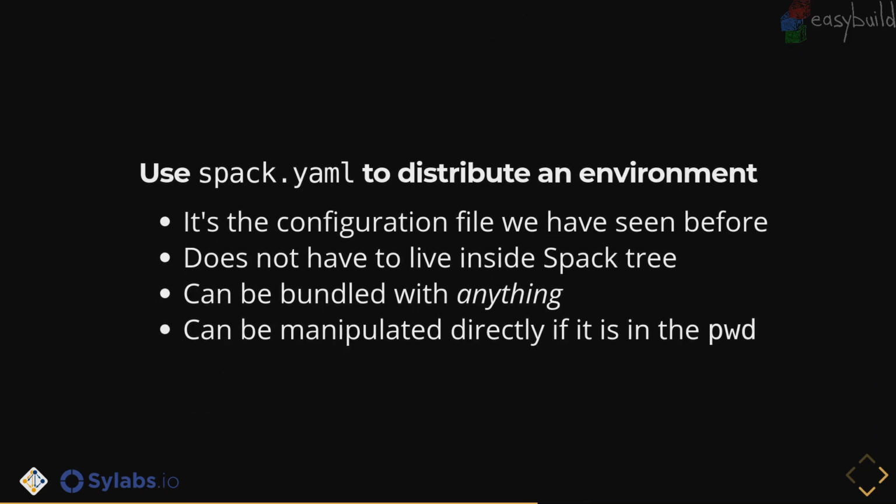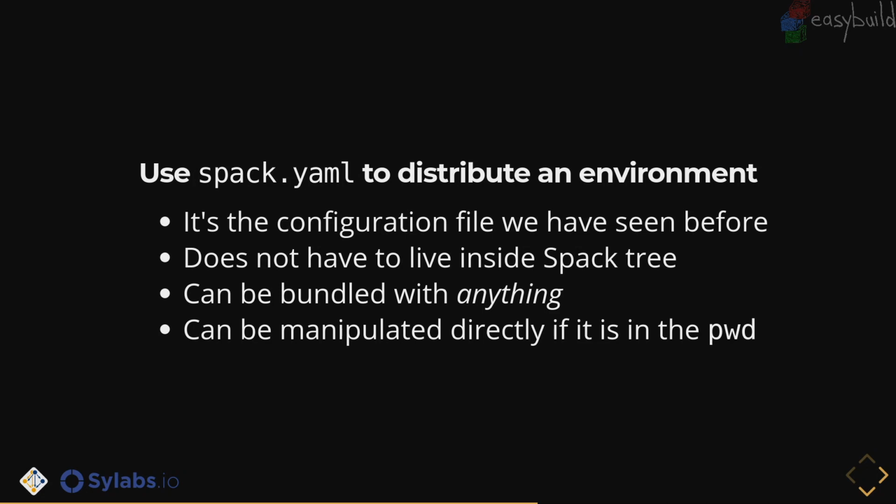The spack.yaml doesn't have to live within Spack. It can be bundled with whatever. So if you need to ship an environment with your software and you want to use Spack, just ship this spack.yaml to recreate the environment. It can be manipulated directly if it is in the present working directory, and we provide commands to do that.